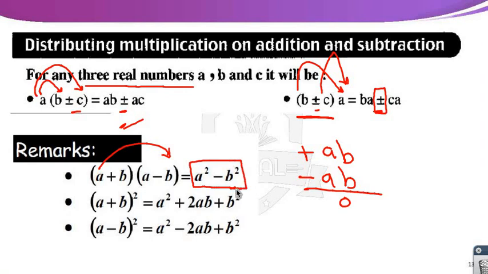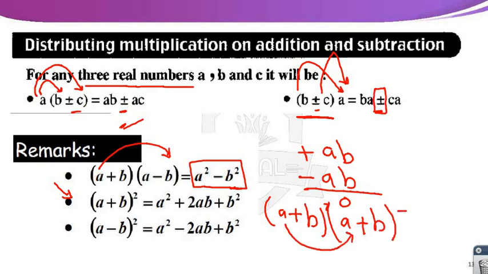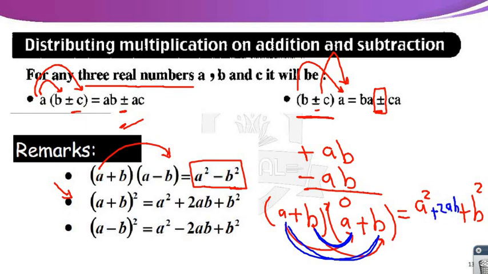Here we have (a plus b) to the power of 2, which means (a plus b) times (a plus b). So a times a will be a to the power of 2, and b times b will be b to the power of 2. In the middle, it will be b times a, which is ab, and a times b, which is ab, so we add the 2 and it will be plus 2ab.